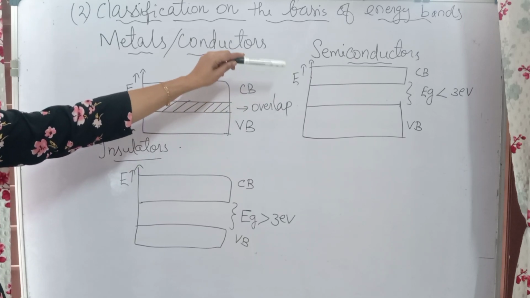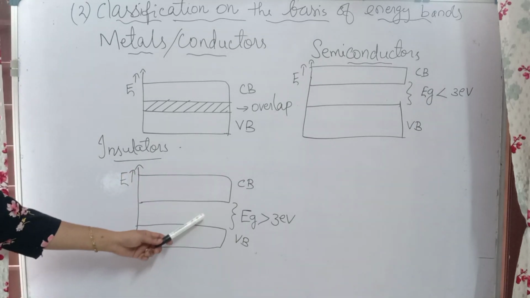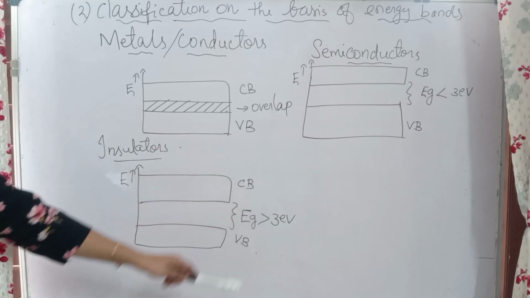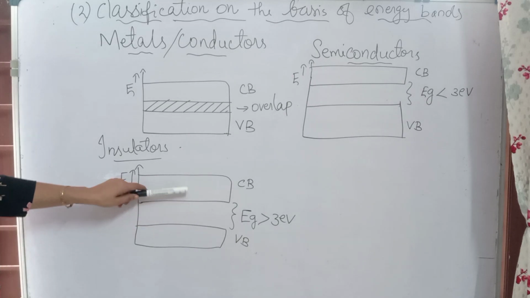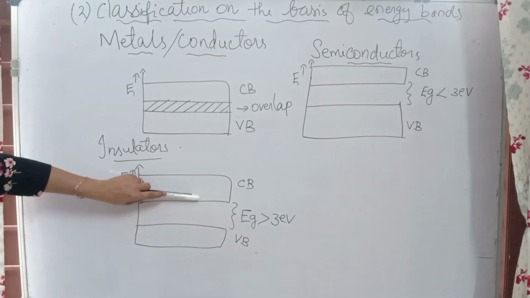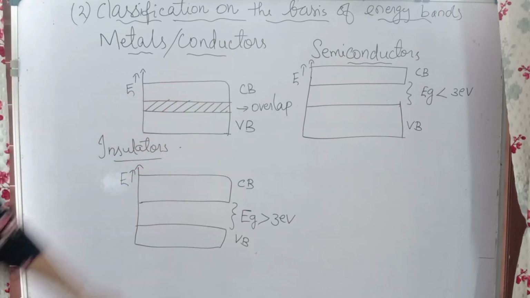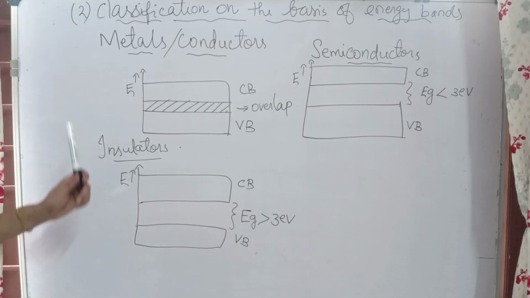That should be less than 3 electron volt, and in insulators the energy gap will be more, more than 3 electron volt. So here we have the valence band and this is the conduction band, and this gap will be a little bit more than in semiconductors. So that is all about the classification on the basis of energy bands.